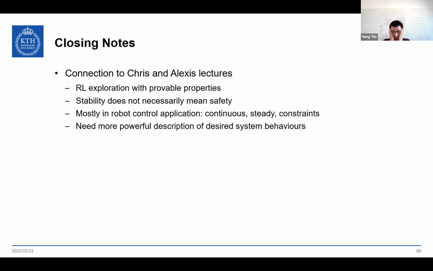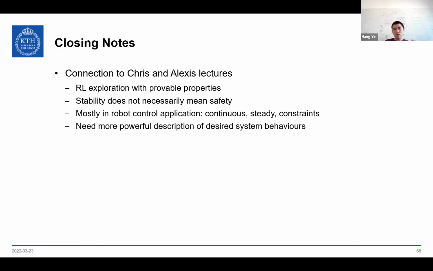Also, a little foreshadowing of what Chris and Alex will talk about in the following lecture: there should definitely be some connections, because I'm talking about stability proofs in the control context. But here, I would say that stability does not necessarily mean safety. It means your trajectory is bounded, but that doesn't mean you will have minimal contact force when you have collisions. Also, the form you are imposing here is relatively limited.